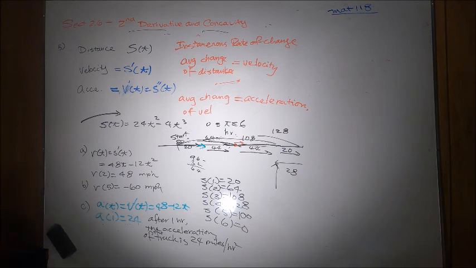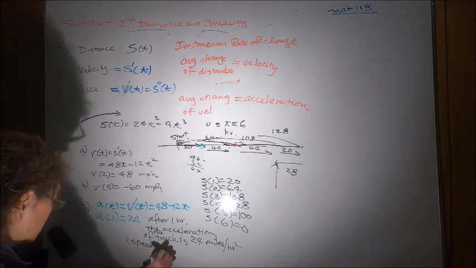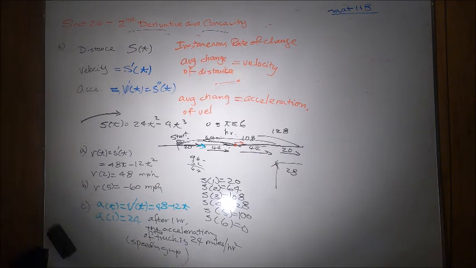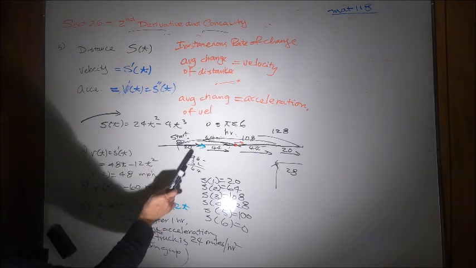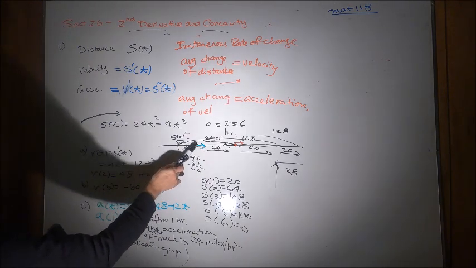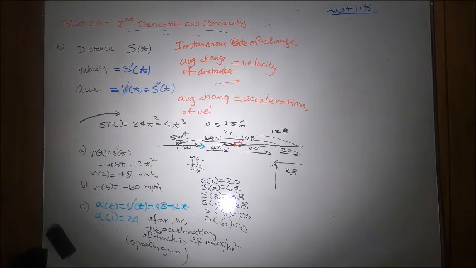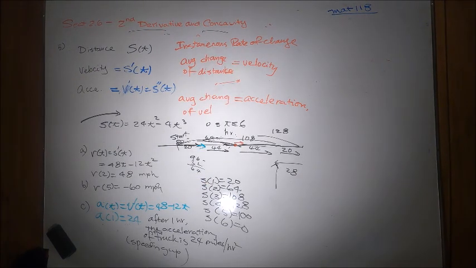But you speed up more with 24 miles per hour squared. That means it is speeding up. Right? Because apparently after 1 hour, it has to speed up from 20 miles in 1 hour to 44 miles in 1 hour.